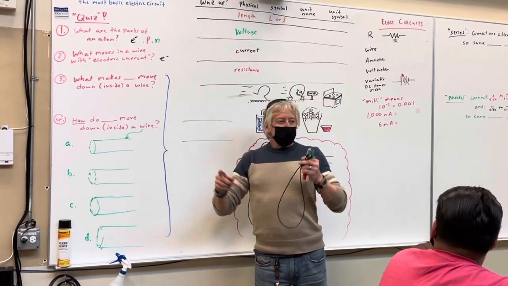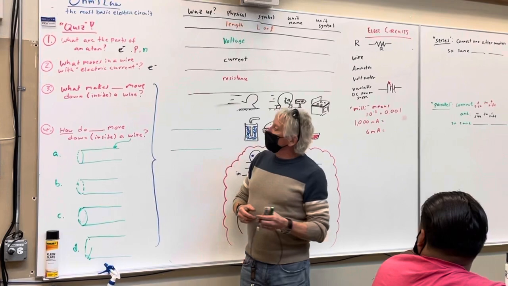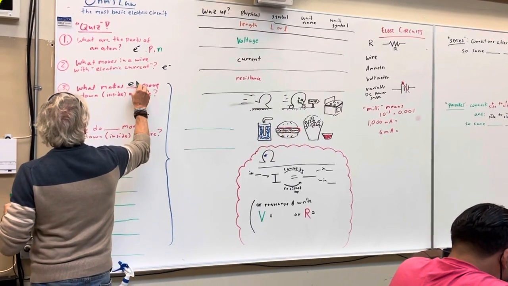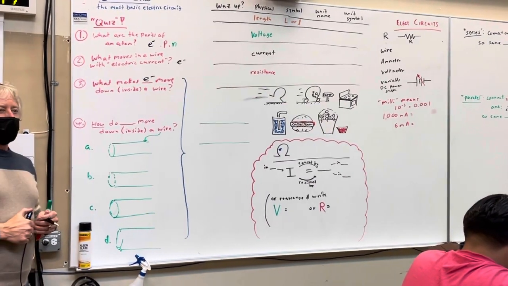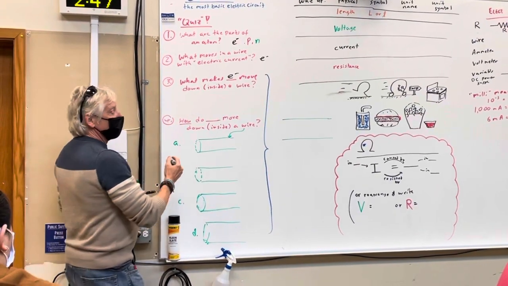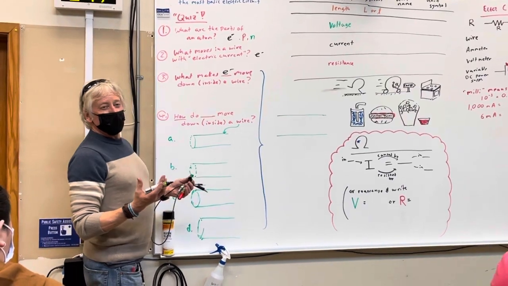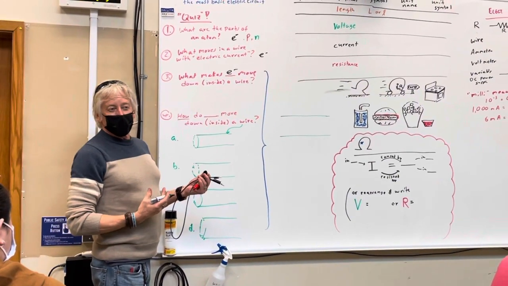What makes electrons go down the wire? What can you use to make electrons move inside a wire? How can you make electricity? What would you use? Where does your phone get that electricity from?